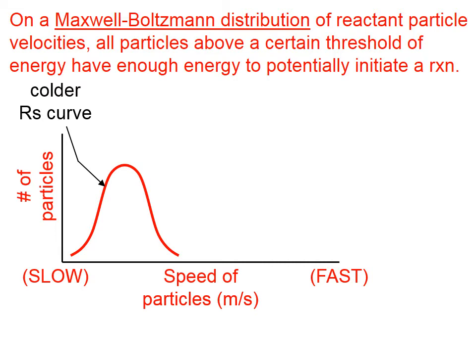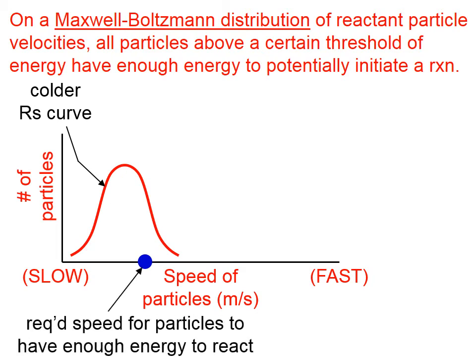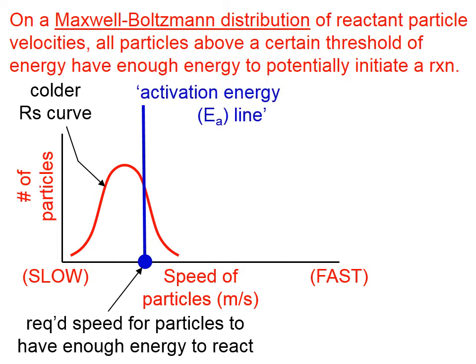For a given reaction, the particles have to have a certain amount of energy in order to even have the possibility of reacting. So I'm just going to arbitrarily pick a speed, and I'm going to say this speed right here is the speed that a particle in this reaction has to have if it has the possibility of reacting.